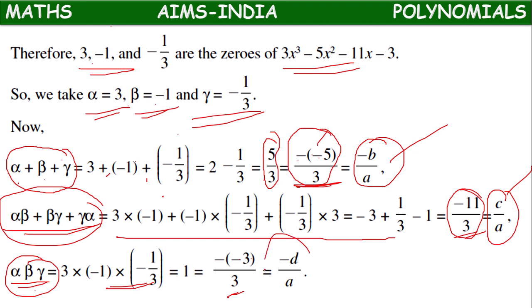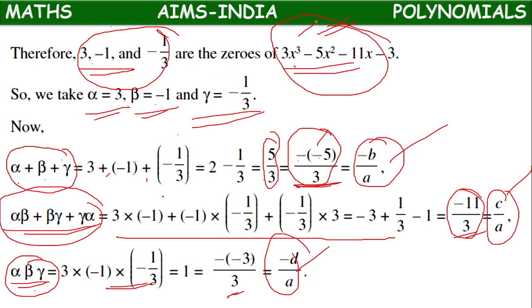So minus D by A. Third relationship also proved. So the given 3 values are zeros of the cubic polynomial, that is proved. Along with that, the relationship between the zeros and the A, B, C, D coefficients of a cubic polynomial is also proved.